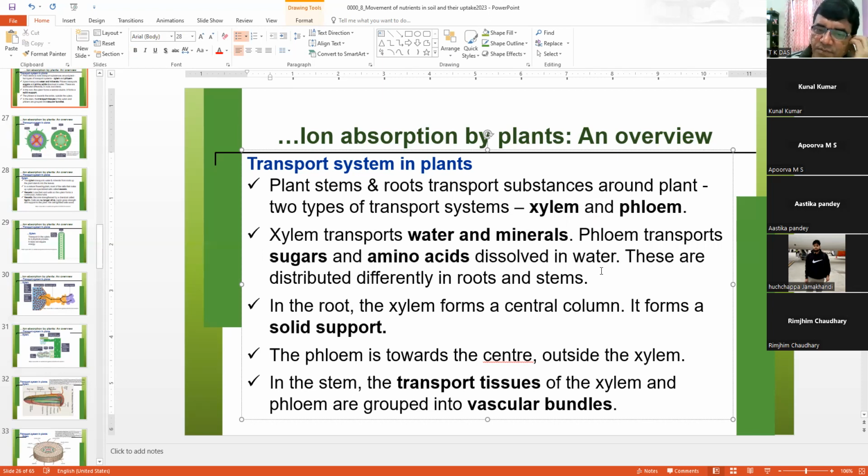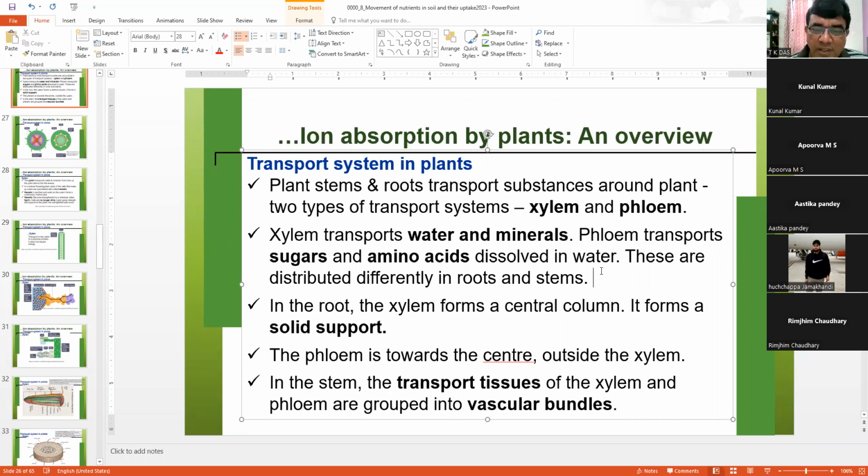Differently means in some parts they will give more, in another part they will give less. For example, in seeds, sometimes you will get more proteins than in the leaves. So this is given by nature or controlled by genes.